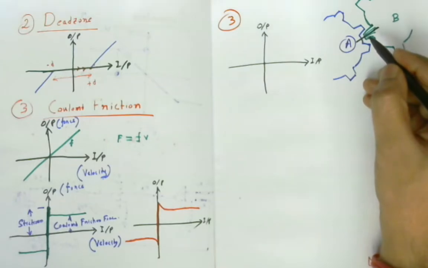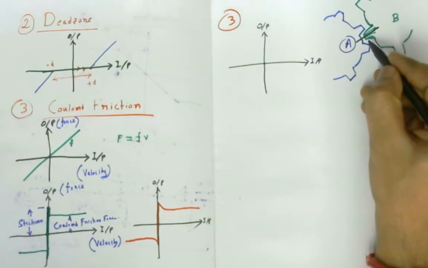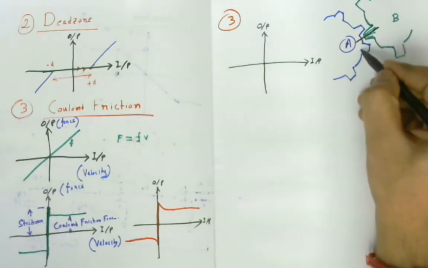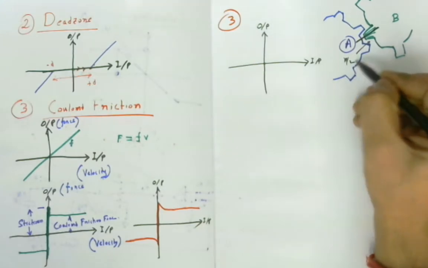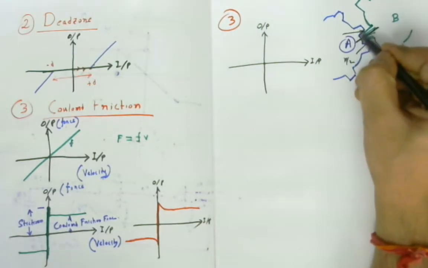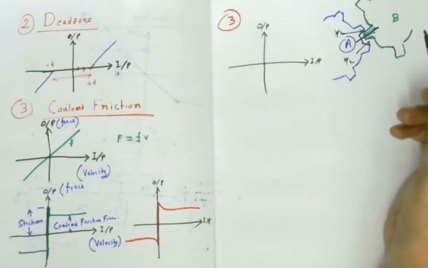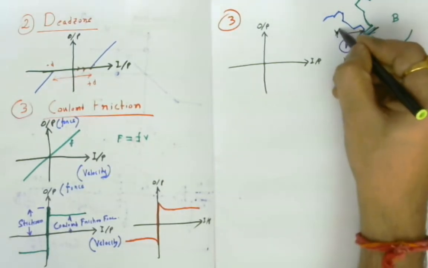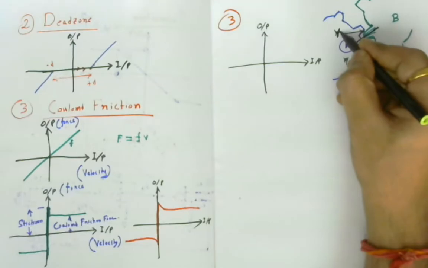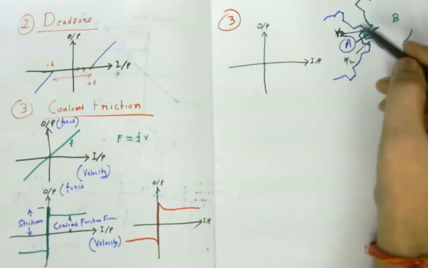Let me just assume this distance, the distance between this teeth and this teeth is, say, b by 2, and also this is b by 2.